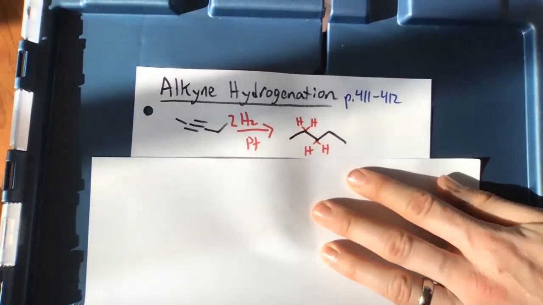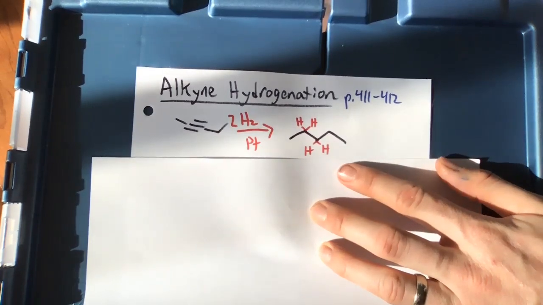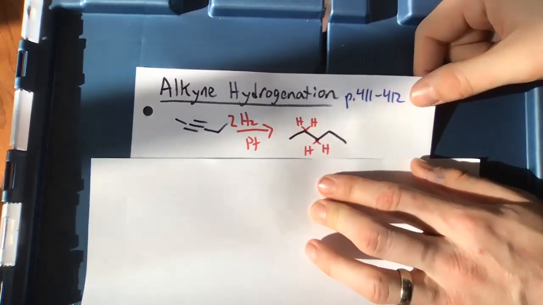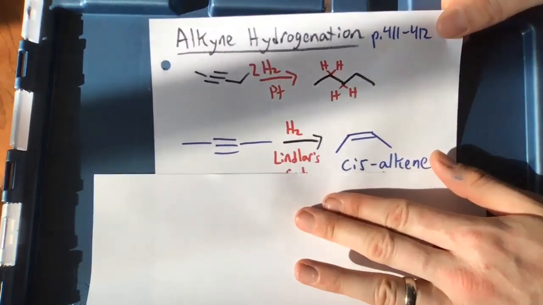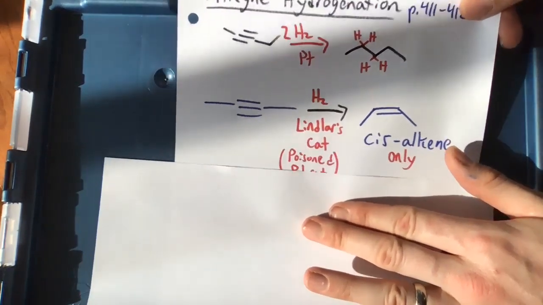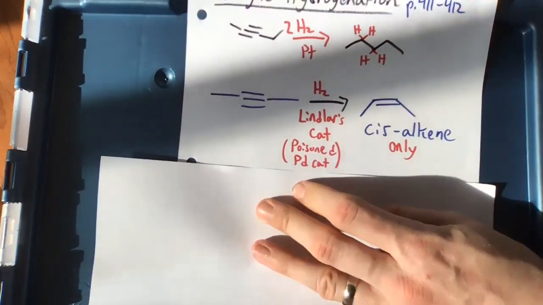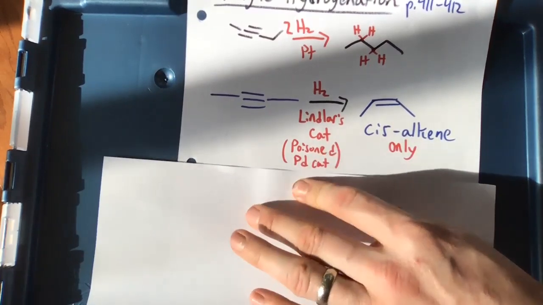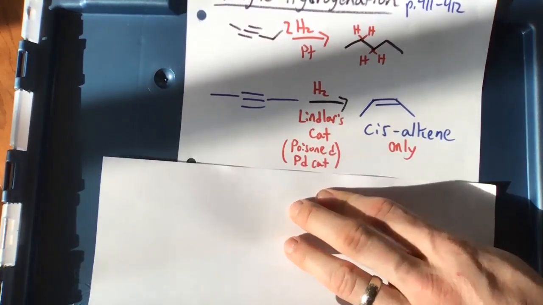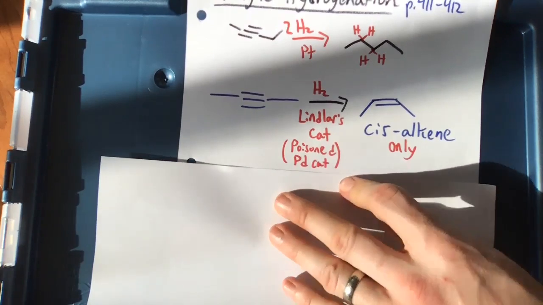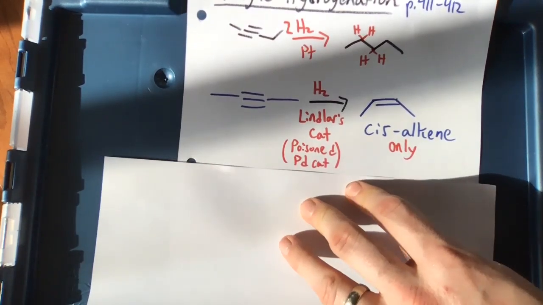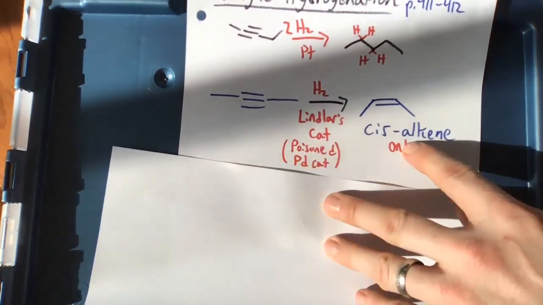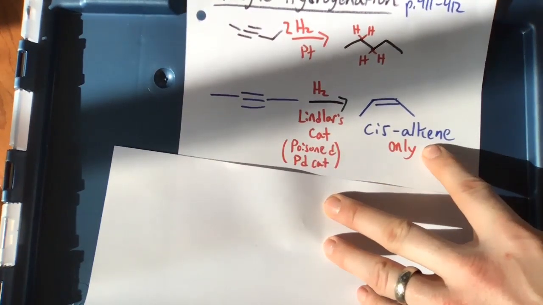You can't really control it because the reaction is so good. However, you can stop the reaction at the alkene if instead of platinum, you use a poisoned palladium catalyst called Lindlar's catalyst. This palladium has been poisoned with a little bit of calcium carbonate and lead oxide. If you do that, it has just enough power to hydrogenate an alkyne to an alkene, but not to the alkane.